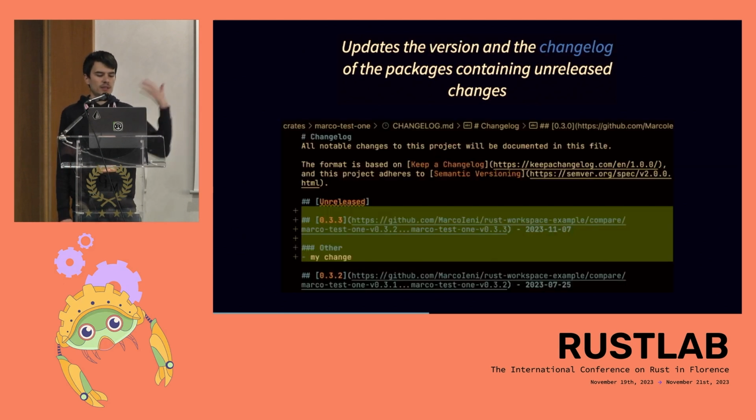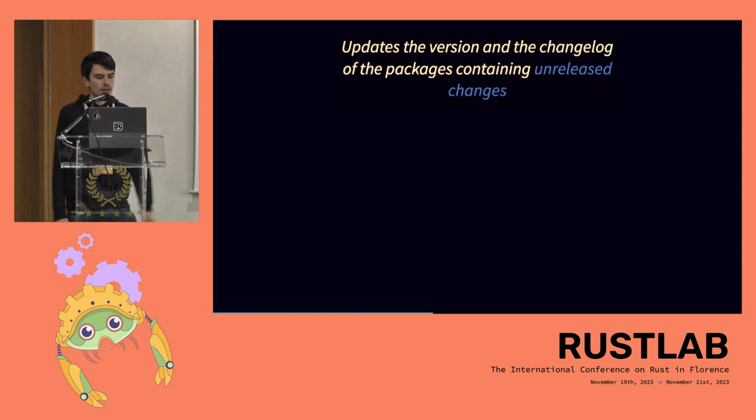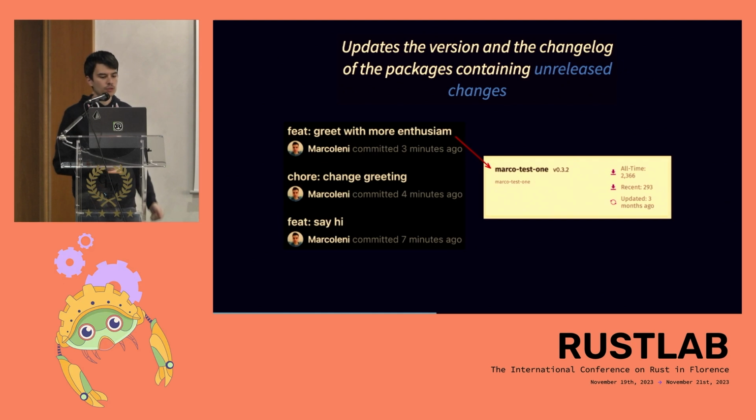Then it updates the changelog by using the keep a changelog configuration by default, but you can customize it. And then it identifies the packages that are not released yet, and of course the commits that you have to release.